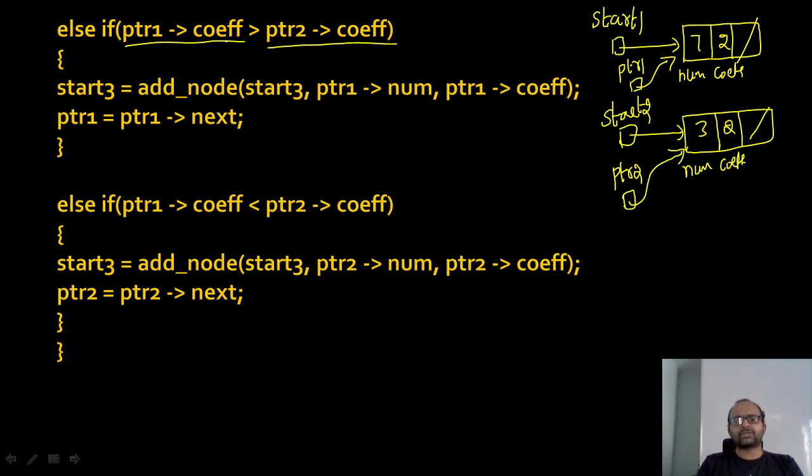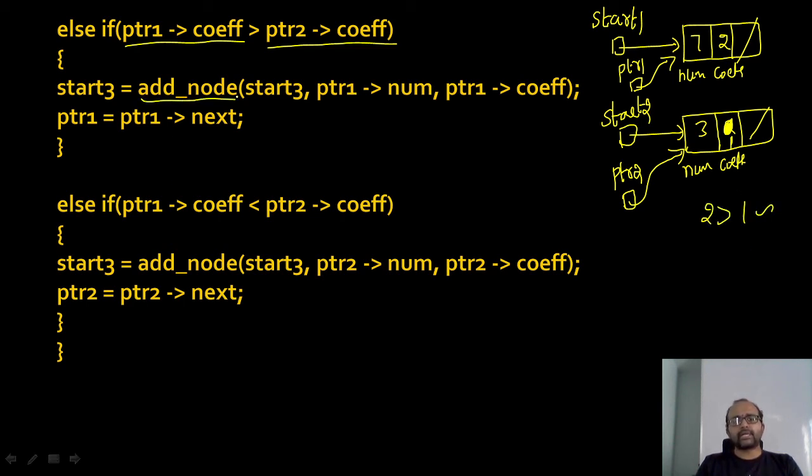ptr1 arrow coefficient, okay, let us suppose I'll consider this coefficient as 2 and this particular coefficient as 1 in this case. Okay, so ptr1 arrow coefficient, that is 2 greater than 1, condition becomes true.